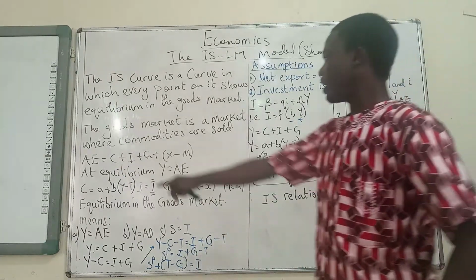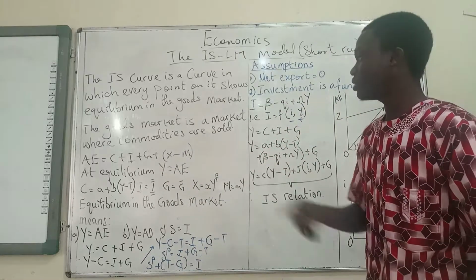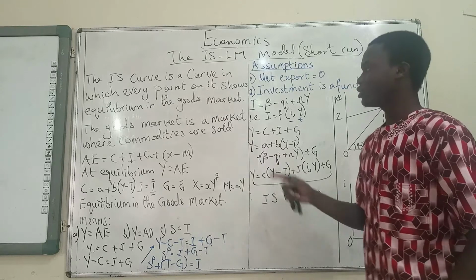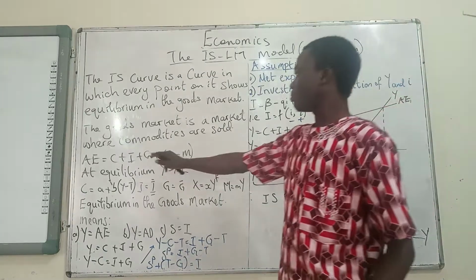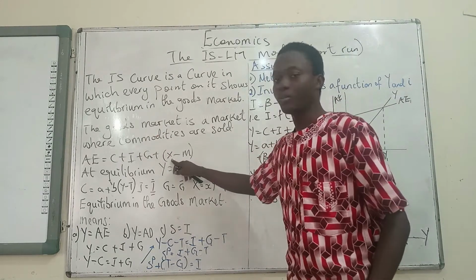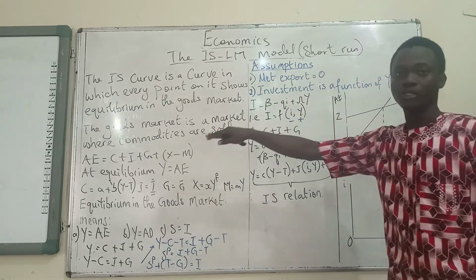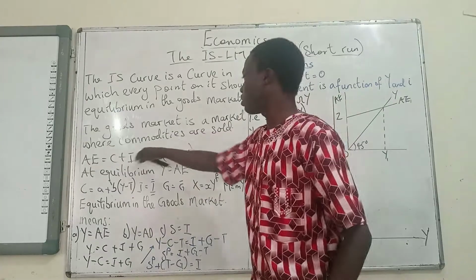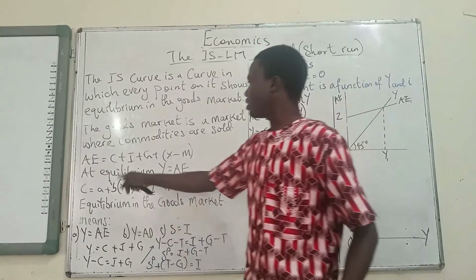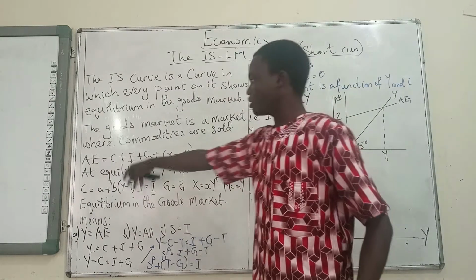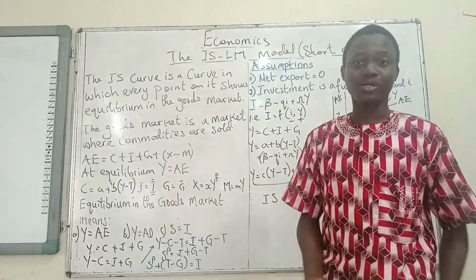So AE is equal to C plus I plus G plus X minus M, where AE is aggregate expenditure, C is aggregate consumption, I is total domestic private investment, G is government spending, X is exports, and M is imports. So your aggregate expenditure is equal to the individual expenditures on all of these. Aggregate is talking about the entire economy. Now at equilibrium, the aggregate expenditure function might also be called AD, depending on the textbook you're reading.